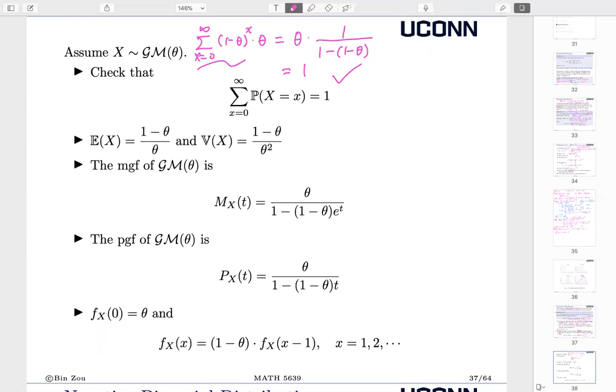Next, we want to know the expectation and variance. Usually, expectation is easy to understand. Often, you can use intuition rather than mathematical proof to get this result. Let's do a little bit of naive reasoning. Let's assume theta is 50%. So the chance of seeing success and failure has the same probability, half.